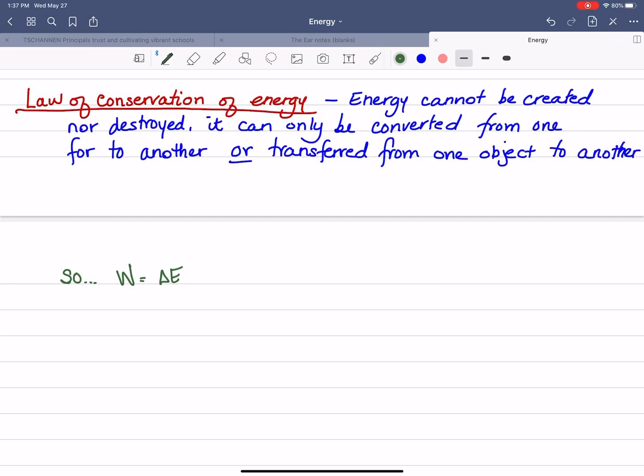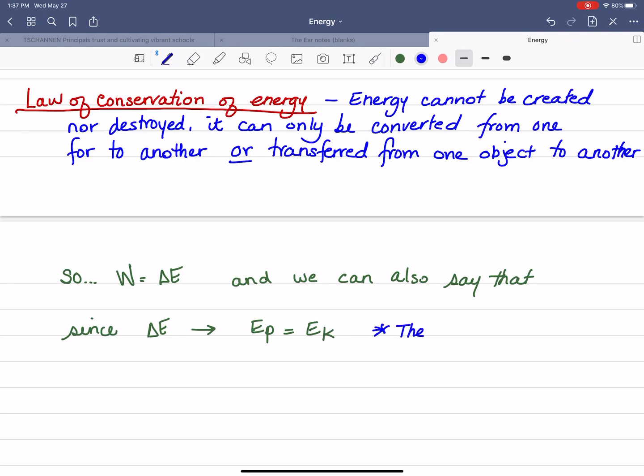since work is equal to change in energy, we can also say that since we're dealing with a change in energy, the potential energy of an object raised above ground, for example, is equal to the amount of kinetic energy that that object will have when it falls down. Okay, so I'm going to make a little note here.